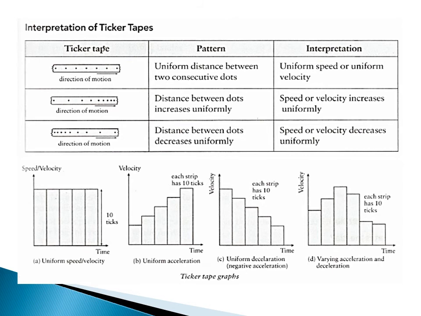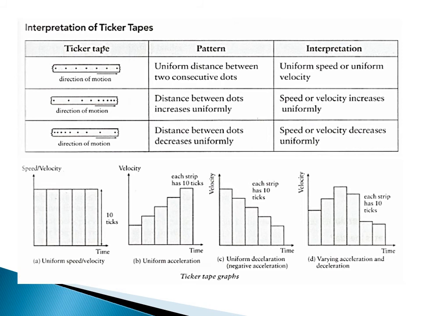For the second one, uniform acceleration, each strip also has 10 ticks. From the shortest strip to the longest strip, there is acceleration, so the body is moving faster and faster. This diagram we call an increase in speed or velocity.